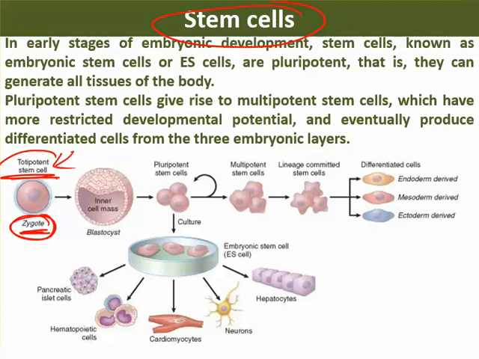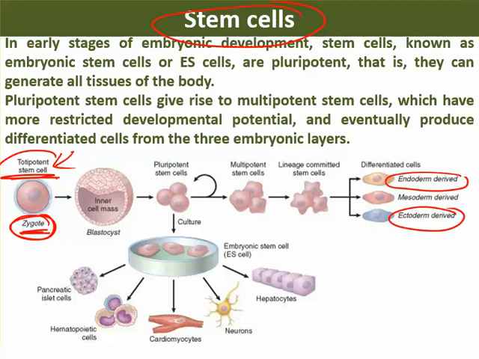After that the cells divide and they form 3 germ layers, right? Each germ layer: endoderm, ectoderm, mesoderm. What are the organs that come from endoderm? All the epithelium comes from endoderm, except skin. Skin comes from ectoderm, and brain comes from neuroectoderm.